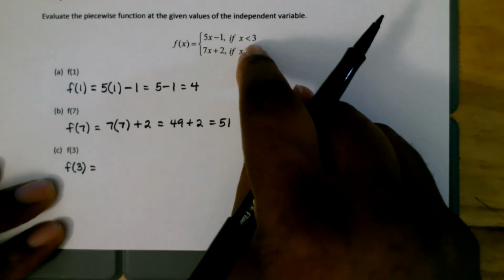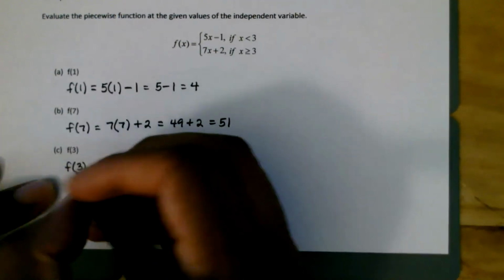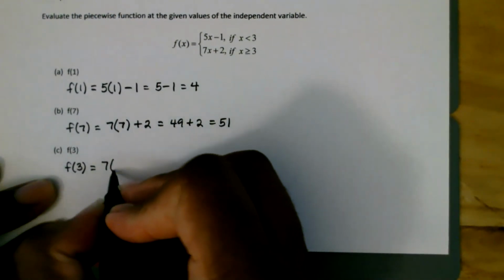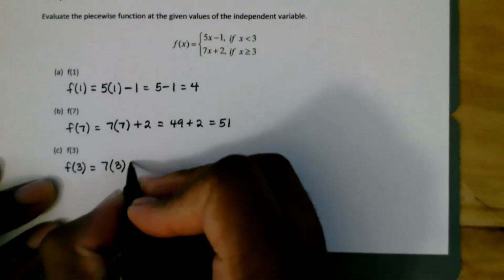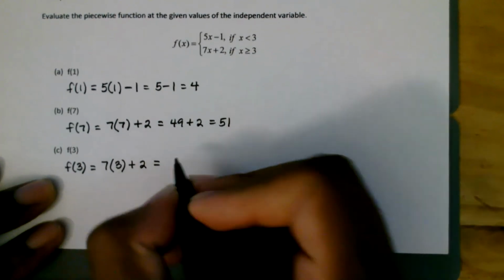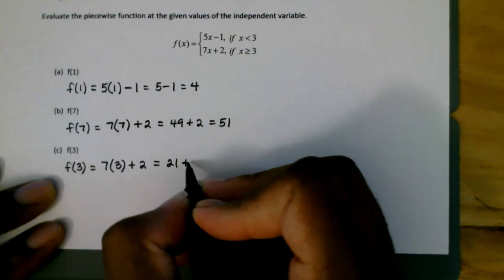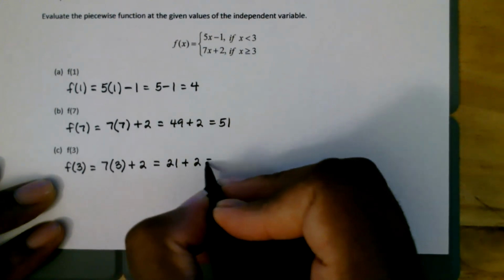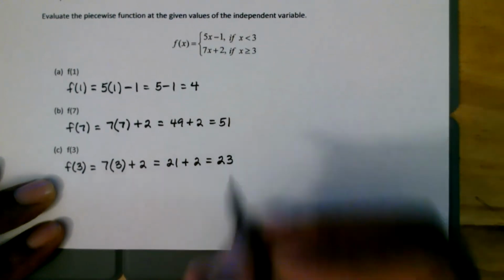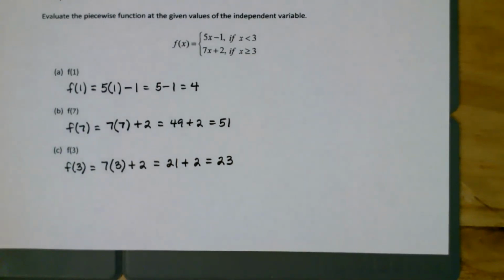And 3 is not less than 3, so we must use that 7x plus 2. So this will be 7 times 3 plus 2. 7 times 3 is 21, and 21 plus 2 is 23.